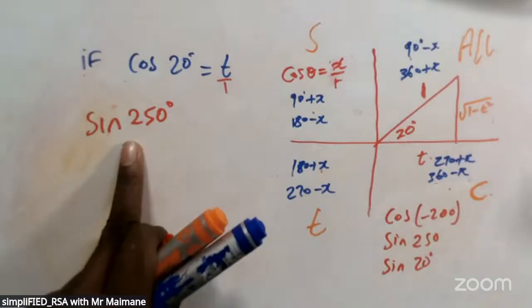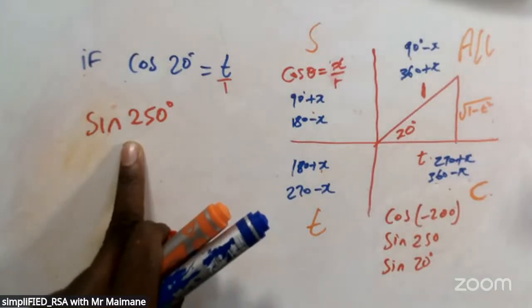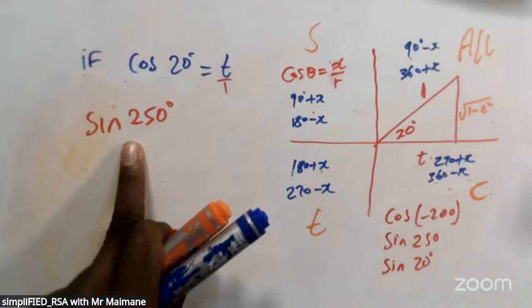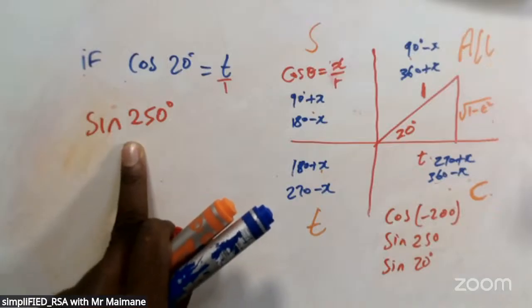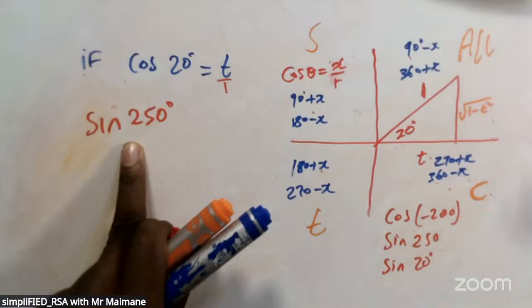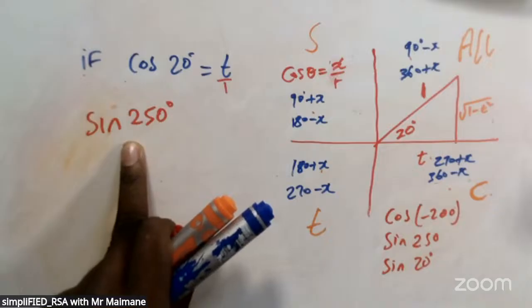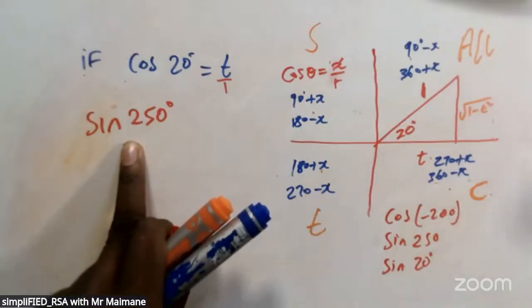So look, sine 250, following the fact that you must make it relate to 20. Which one would you use for sine 250? The third quadrant, 270 minus 20, right?